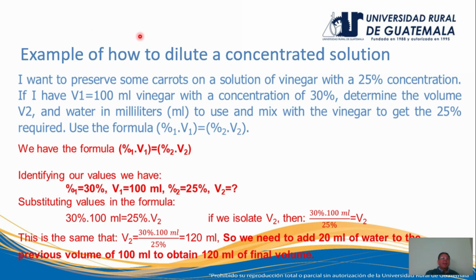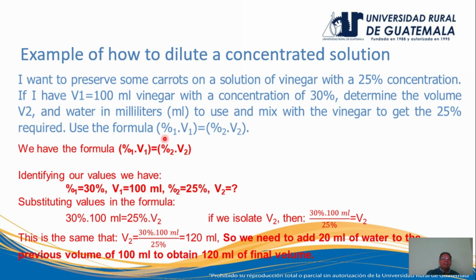Now we have an example of how to dilute a concentrated solution, and we have another problem here. If I want to preserve some carrots in a solution of vinegar with a 25% concentration, and I have volume 1 equal to 100 milliliters of vinegar with a concentration of 30%, determine the volume V2 of water in milliliters to use and mix with the vinegar to get the 25% required.